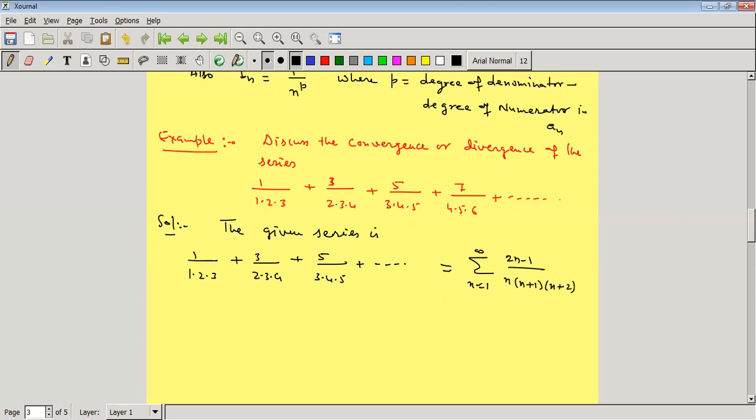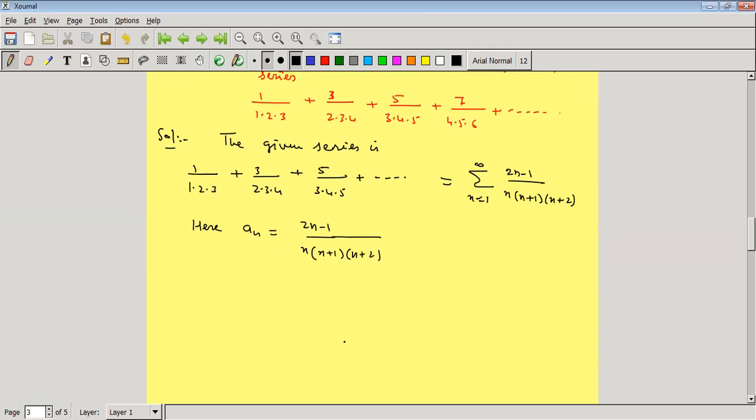If we put n equal to 1, we get the first term. If we put n equal to 2, we get the second term, similarly. So what is the nth term in this series? Here an is equal to 2n minus 1 divided by n into n plus 1 into n plus 2. This is the nth term of the series.